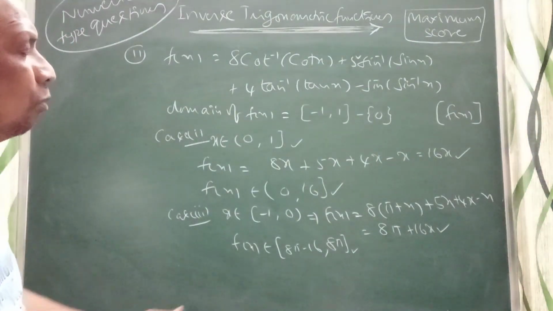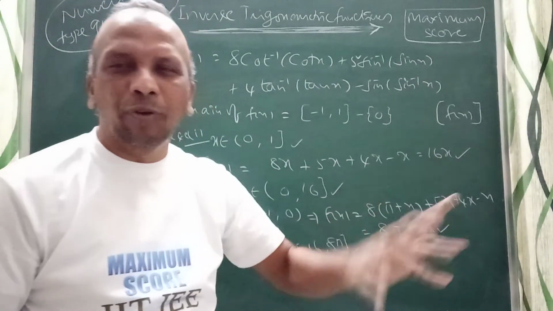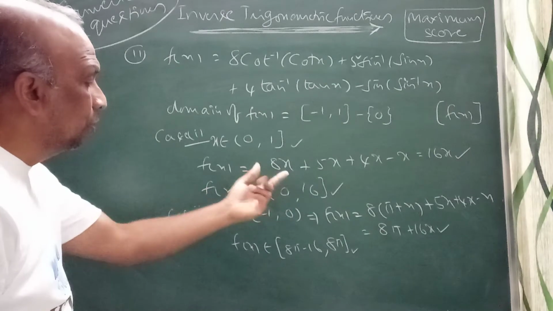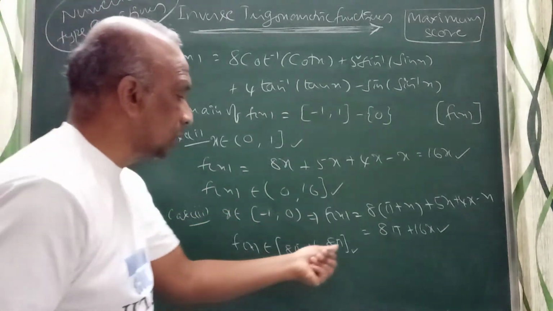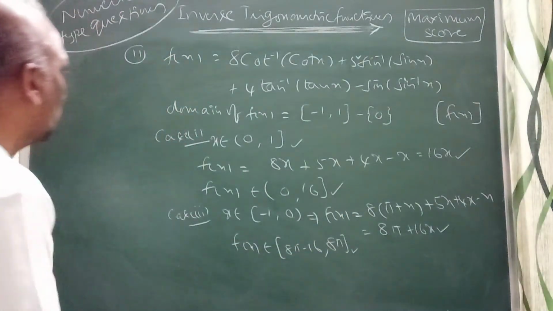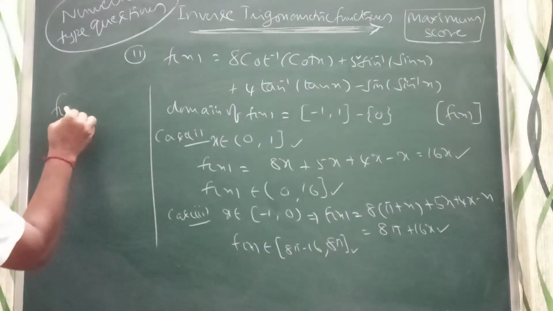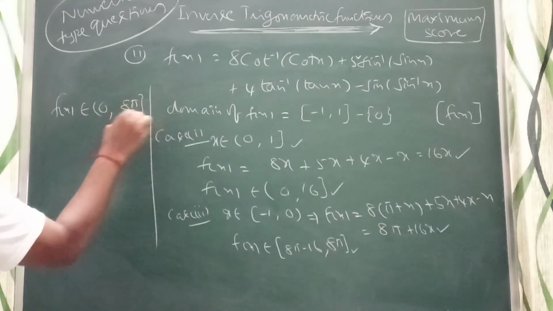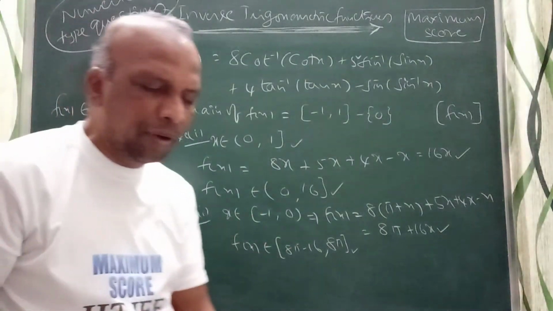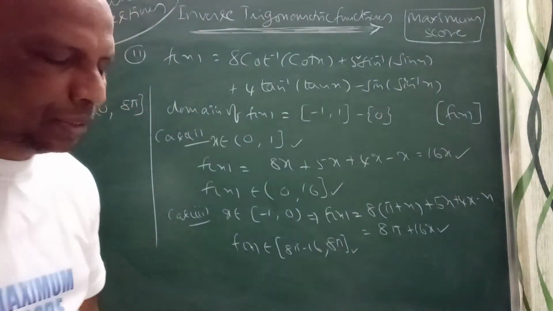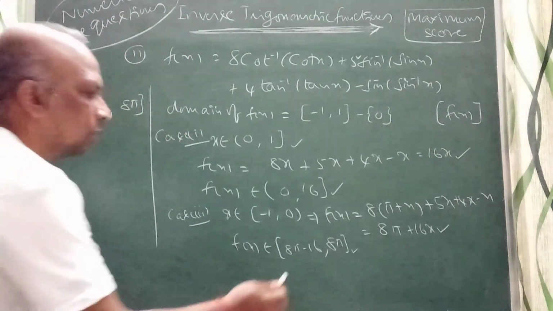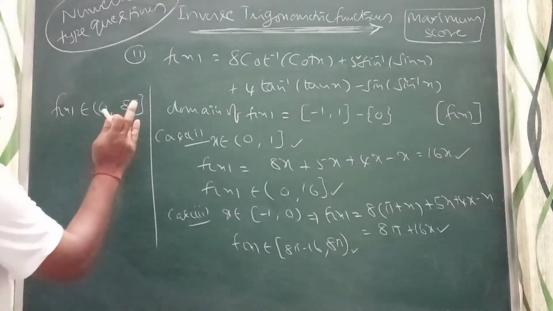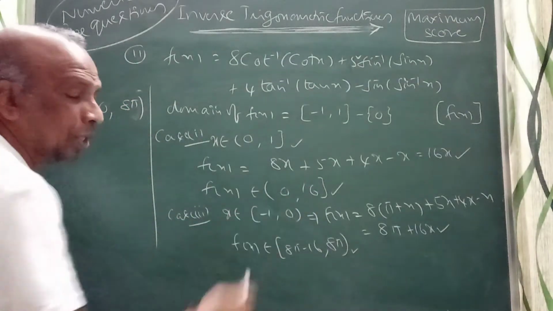But ultimately I want the greatest integral value of f of x. That means finally you can see f of x, the minimum value is 0, between 0 to 8 pi minus 16, to 8 pi. So finally I can conclude that f of x belongs to 0 to 8 pi. Here also, be careful, excluding 8 pi. 0 is not included, right?